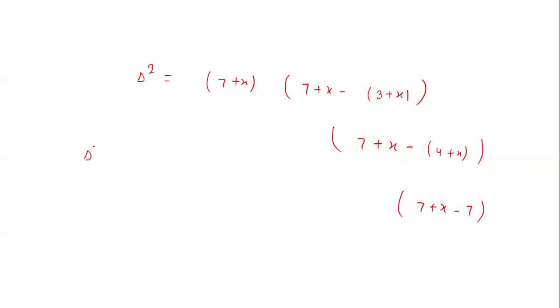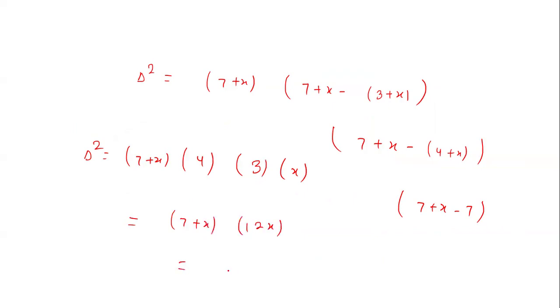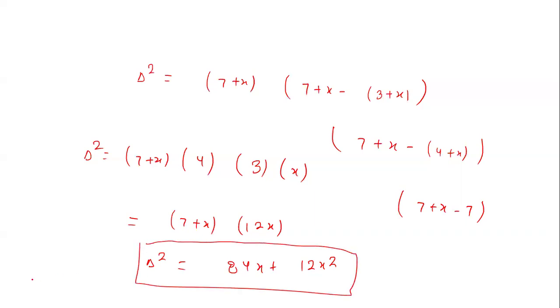If you calculate, del square will come like 7 plus x times 4 times 3 times x. So this is 7 plus x times 12x, which is 84x plus 12x square. This is the del square value, so we can note this.